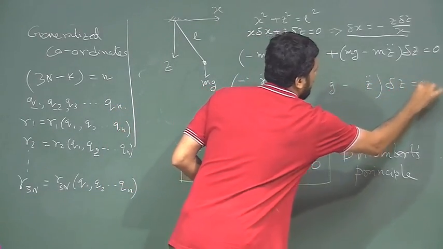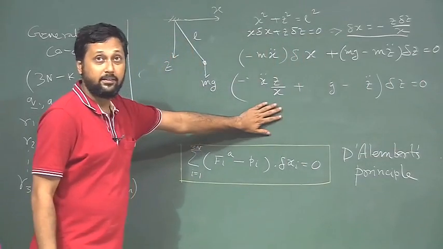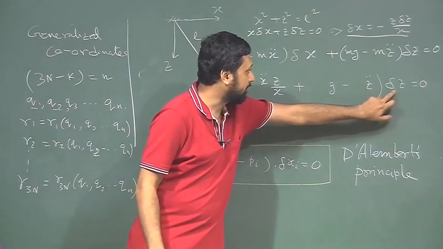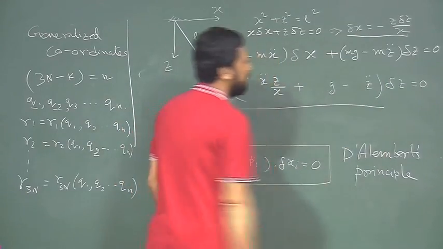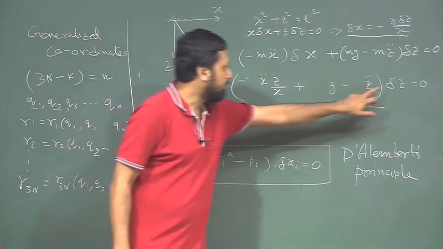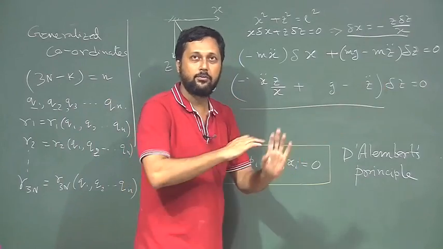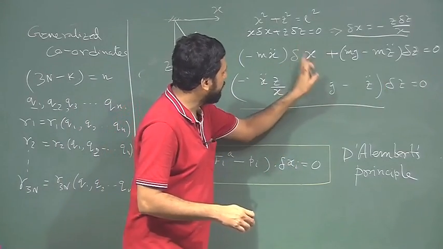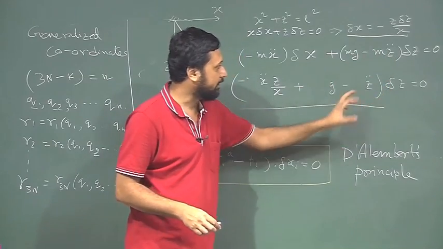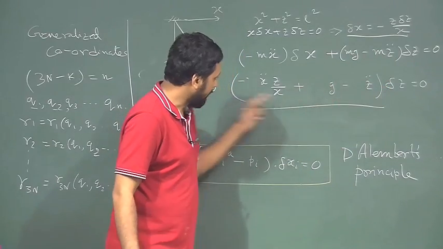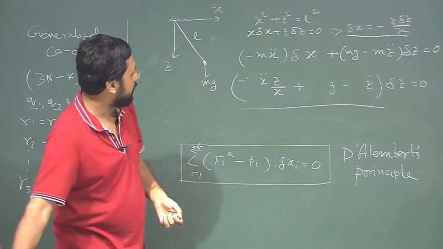Delta z is equal to 0. Now we can safely equate this whole thing to 0, because it is now a single parameter. We do not have an equation with both delta x and delta z. We have reduced it to a single equation with delta z, and the coefficient of that can easily be equated to 0.